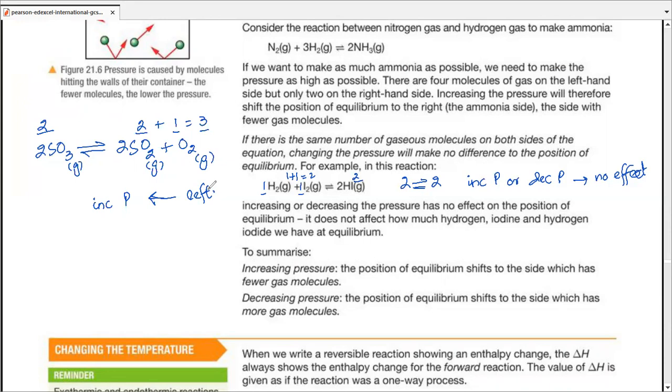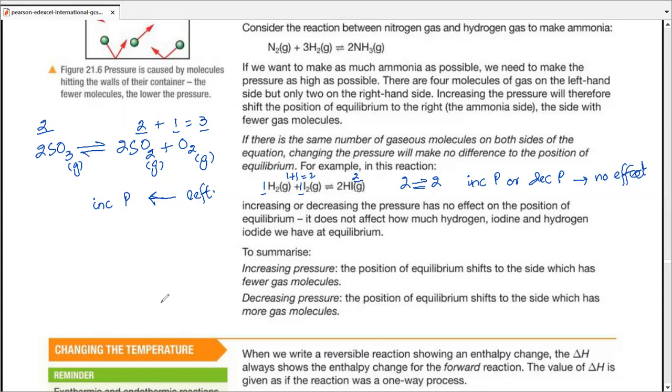So in order to summarize, increasing pressure, the position of equilibrium shifts to the side where it has fewer gas molecules. Decreasing pressure, the position of equilibrium shifts to the side where it has more gas molecules. All right. So in this equation, we should really go with lower pressure.